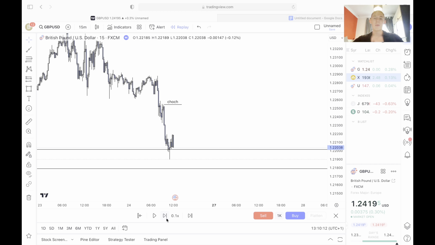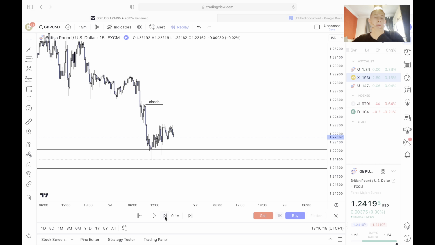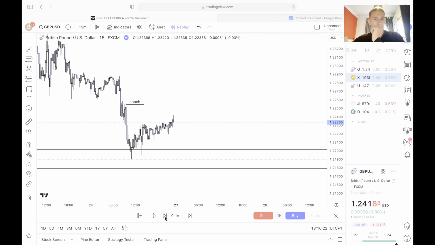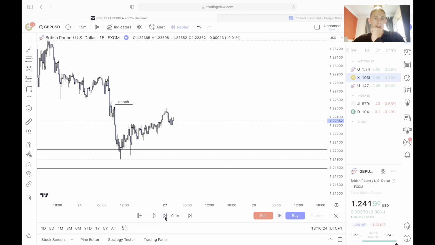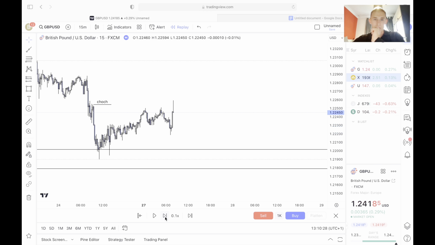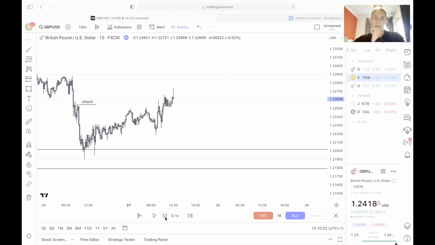So all we do at the moment is wait patiently for price to either break this level or break the trend. This is why I would set my alerts and just wait. And we need to see a close above that level as well, by the way. Not a wick above. There we go.